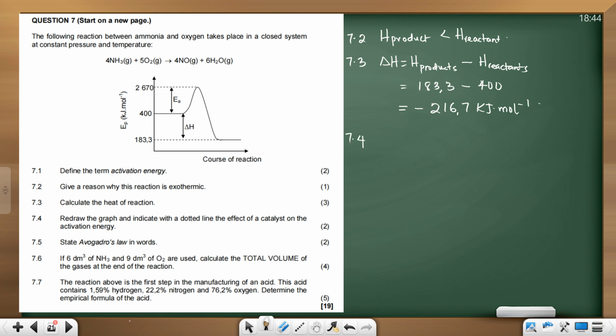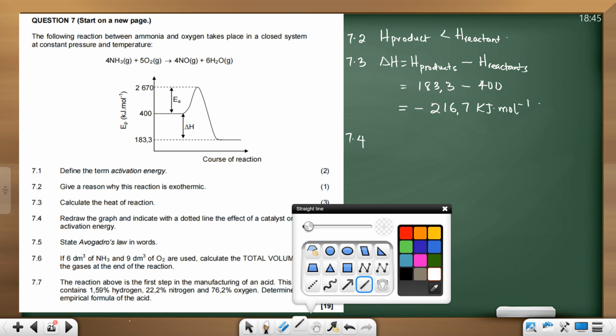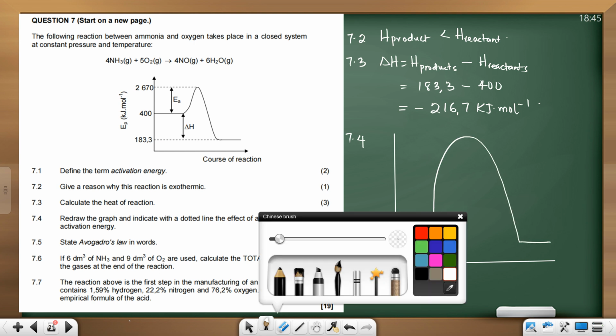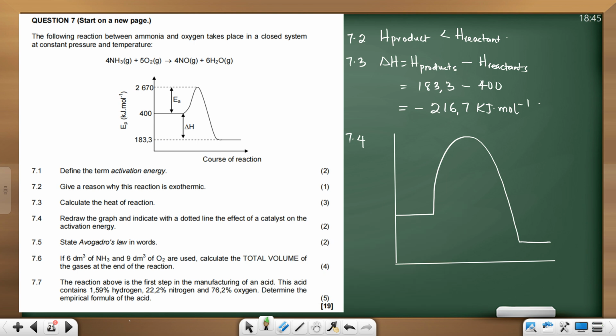7.4. Redraw the graph and indicate with a dotted line the effect of catalyst. I think it's in the note again, but for doing sake, it is exothermic, so that should be higher and that lower. Dotted lines. Remember, this one does not change, and this one does not change.